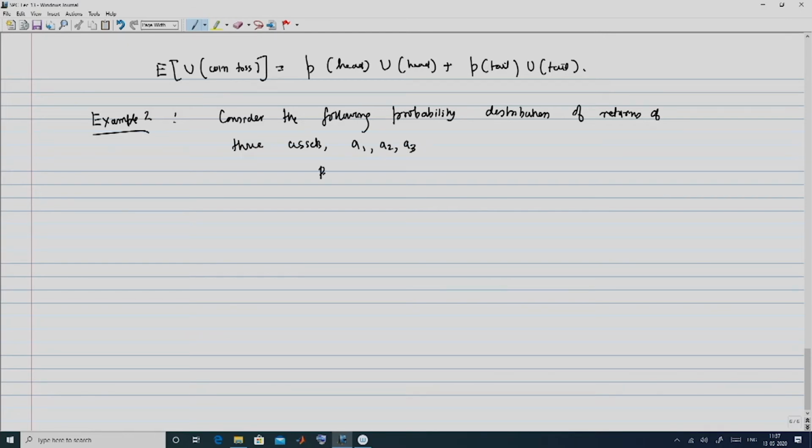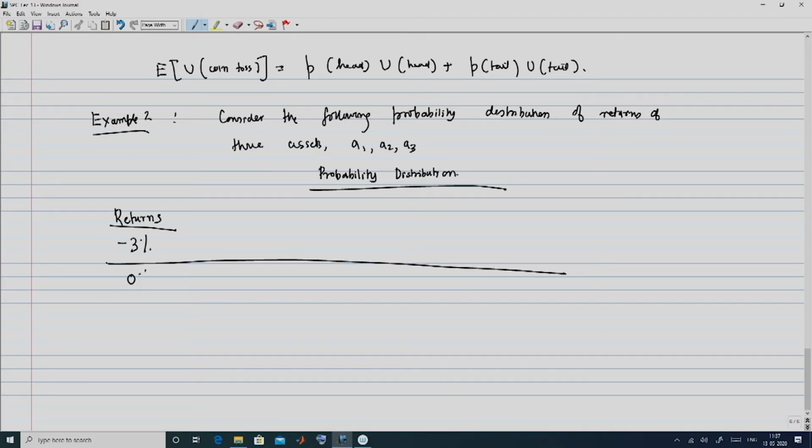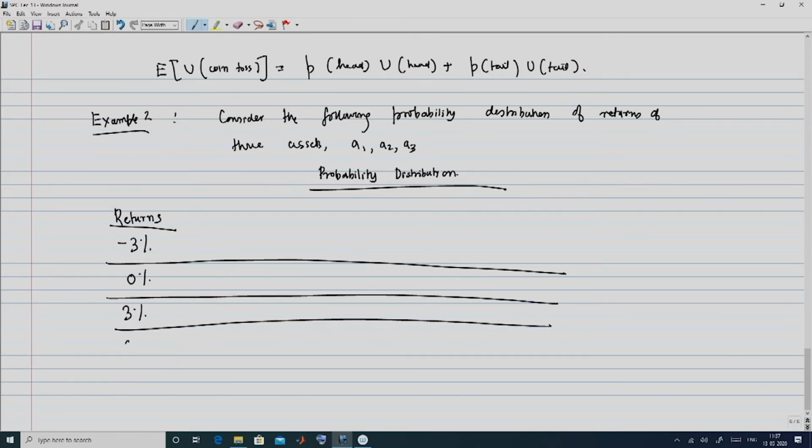So, now we tabulate the probability distribution. We consider 5 different possible values of returns, namely minus 3%, 0%, 3%, 6% and 9%.